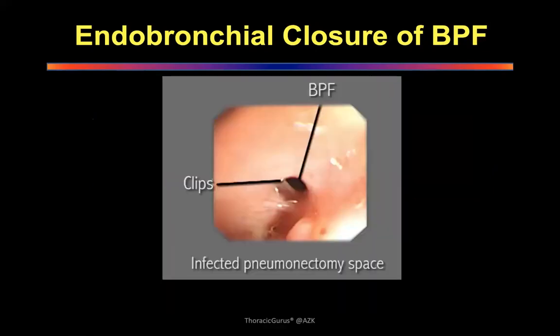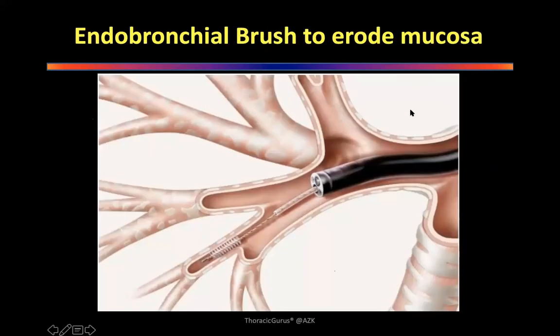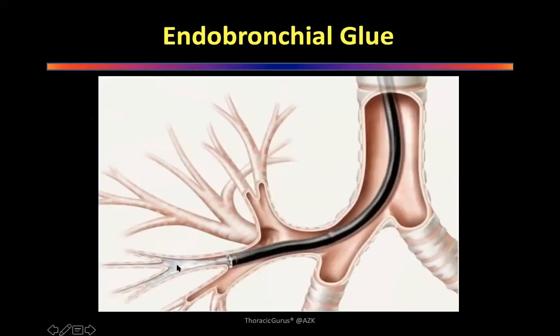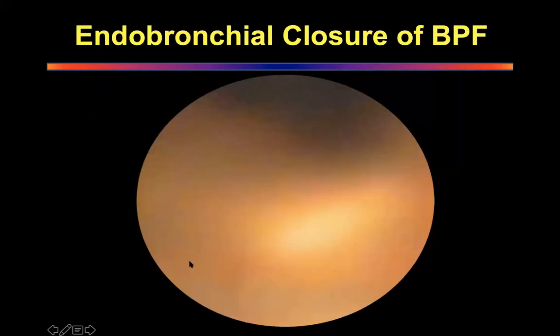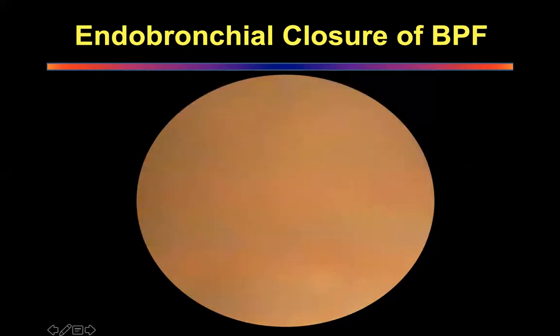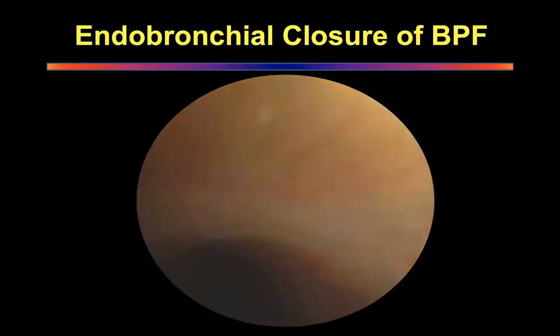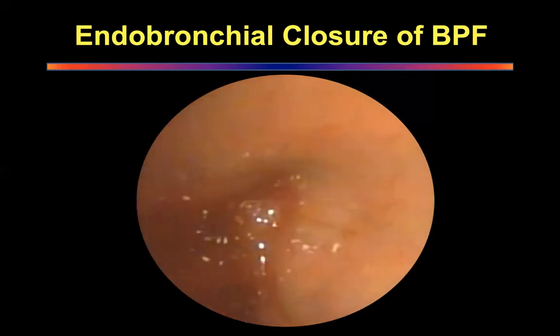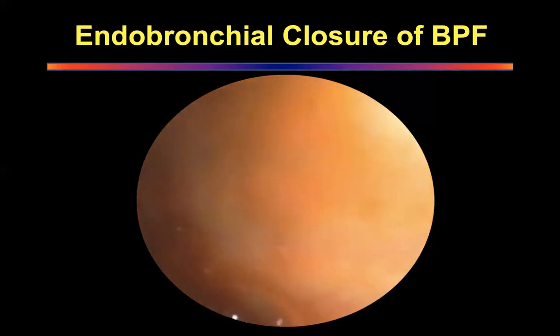These are the sort of infected pneumonectomy spaces that you get. So when you go in there, you actually use a brush and erode the mucosa so that your sealant, whatever you're going to put afterwards, actually attaches itself to the mucosa. I managed to find a video on one of my patients. So this was, I think, a post-pneumonectomy fistula, and a small fistula at that stage.